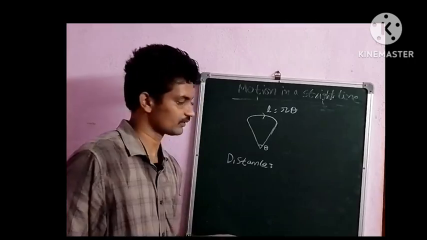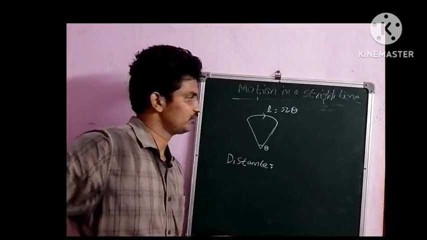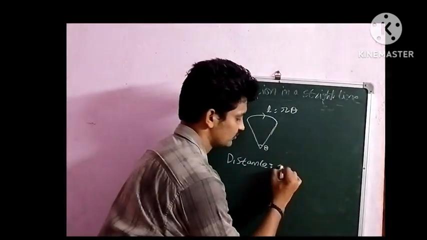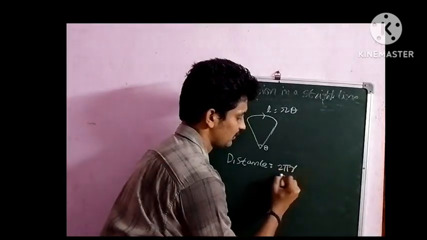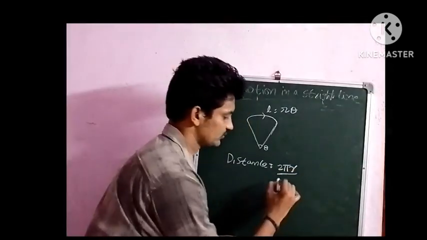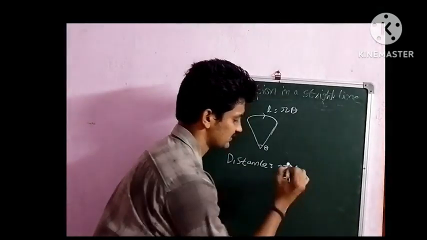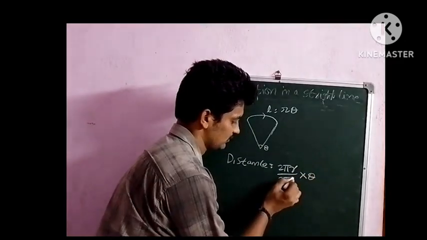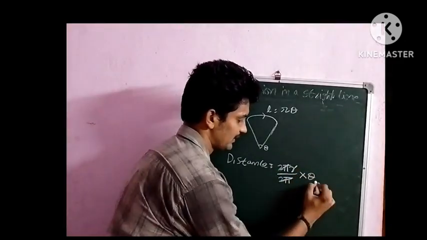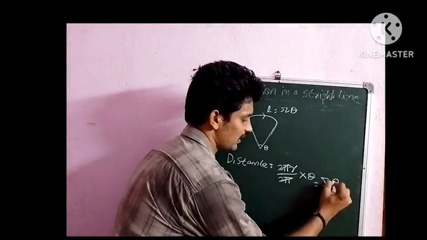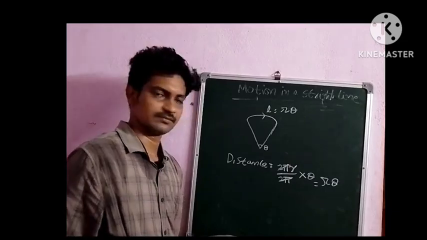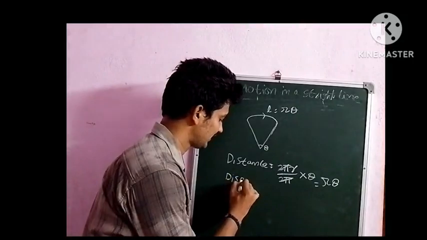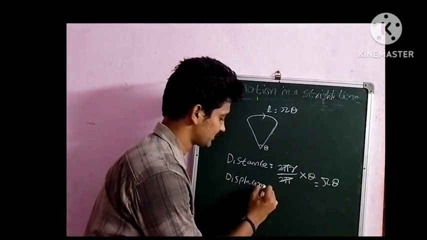Another method we take: what is the circle circumference? 2 pi r. How many units? 2 pi units, nothing but 360. How much angle? Theta angle. 2 pi cancels. What remains? R theta. This is the distance.